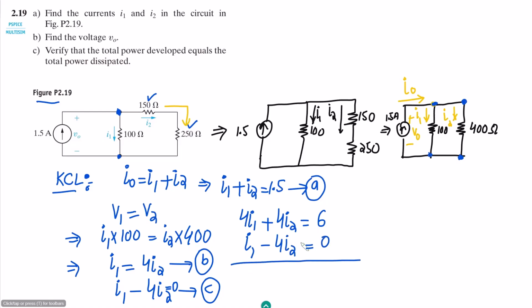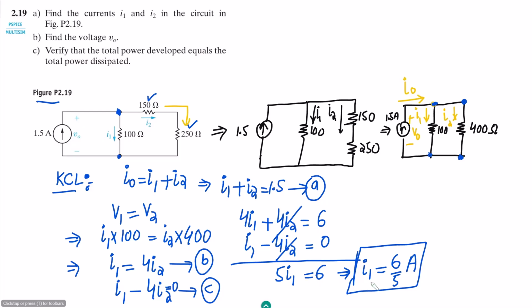Let them add together. The 4I2 terms will cancel out, and here we will get 5I1 is equal to 6, or the value of I1 is 6 by 5 amperes, and that is the answer for I1.